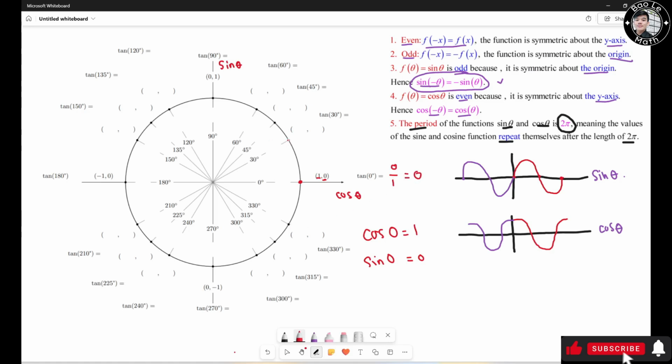Now, next one, we talk about this point right here. It's going to be 30 degrees. 30 degrees is the same thing as pi over 6. Keep in mind that pi is equivalent to 180 degrees. So for pi over 6, we have this point right here. We learned before that we can make an equilateral triangle right here.